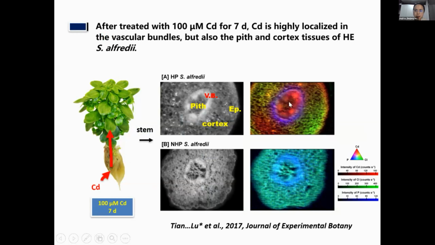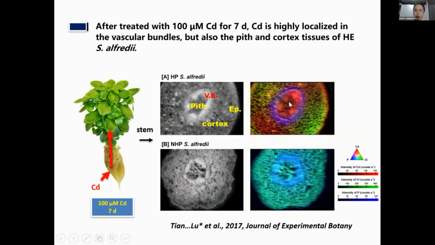And if we extend the exposure time to 1 month, we can see the cadmium goes from the vascular bundles to the cortex and also the pith, which consist of cells with very large vacuoles. So the cadmium was stored in these vacuoles. But in the non-hyperaccumulating ecotype, the cadmium was restricted to the vascular bundles.